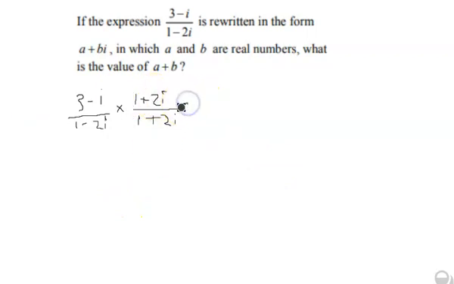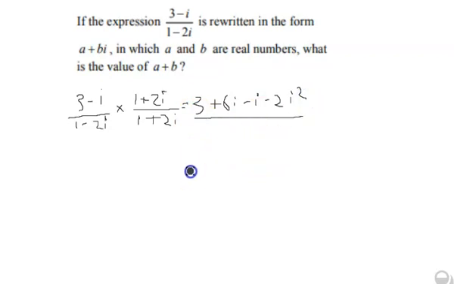So what we have here is going to be 3 times 1, that is 3, and 3 times 2i will be plus 6i. Then minus i times 1 will give us minus i. And the other one will give us minus 2i squared, times 2i, that is minus 2i squared.